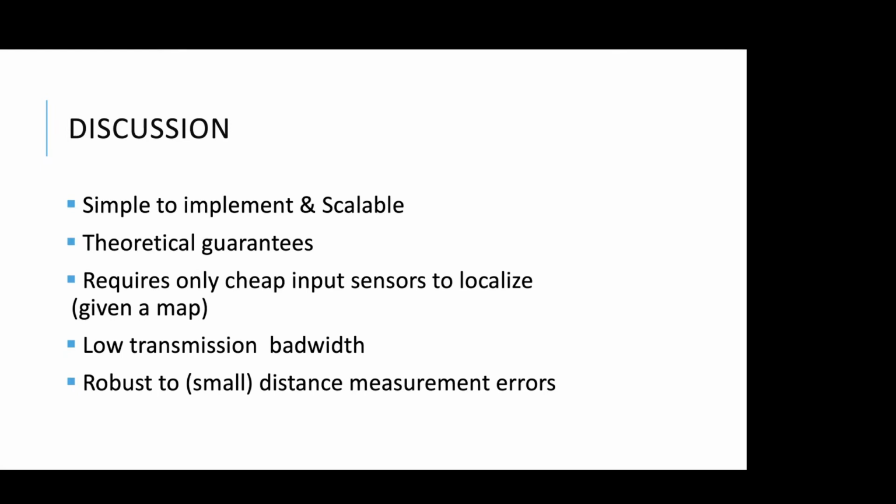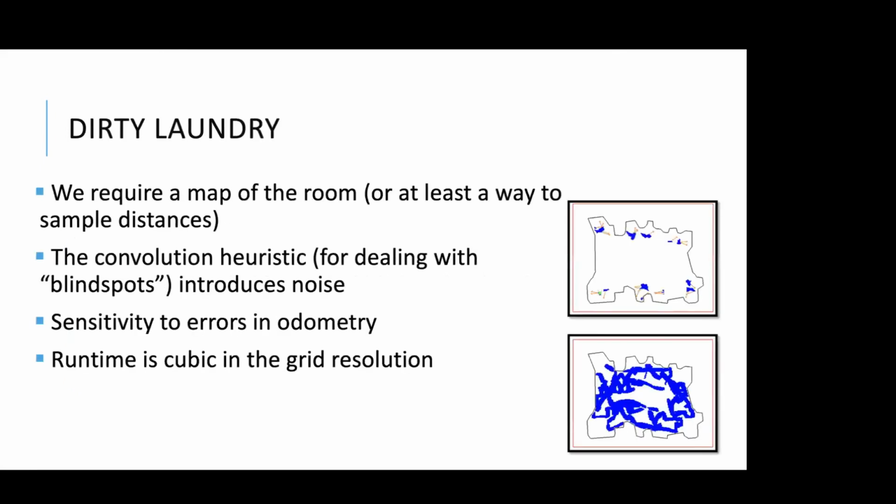Not robust to errors in the map, which leads us to the dirty laundry, right? There's a huge elephant in the room, and it is that we need a map of the room to apply this algorithm, which is a non-trivial task in itself, as we have seen. Getting an accurate map of our laboratory is very hard, especially when there are chairs and people are moving.